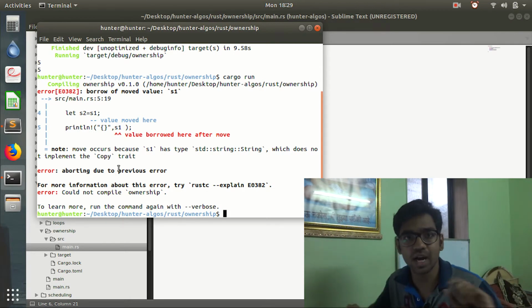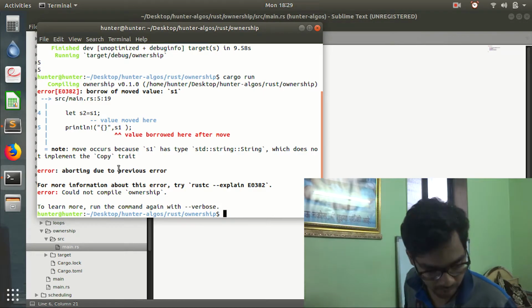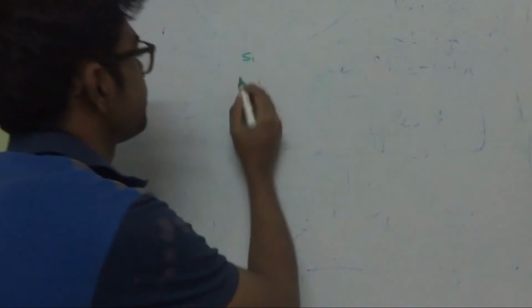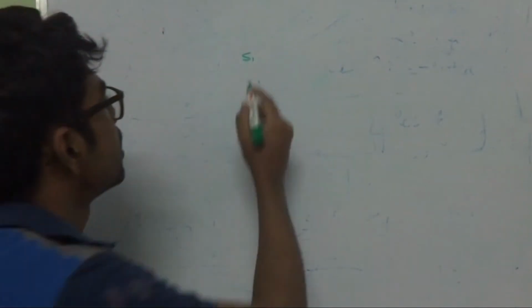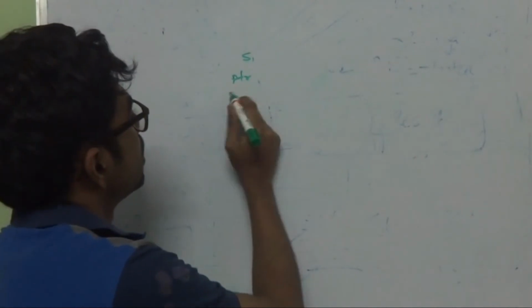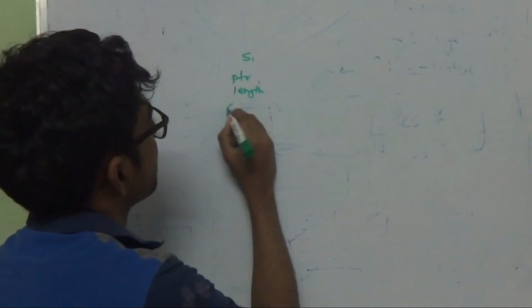I will show you that in a diagrammatic fashion, so let's go to my whiteboard. What is happening under the hood is that when we create s1, it is pushed onto the stack, and a string consists of a pointer, the length, and the capacity.